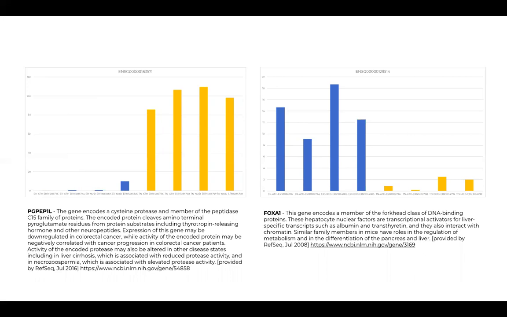So as I was telling you, this gene PGPEP1L is a gene that encodes a protein which cleaves amino terminal pyroglutamate residue from protein substrates, and it has a complex mechanism. On the other hand, you see FOXA1, a gene which is upregulated in ER positive samples, regardless of which mouse model.